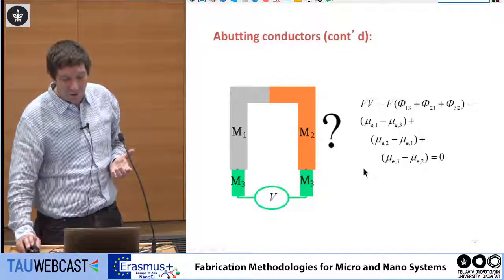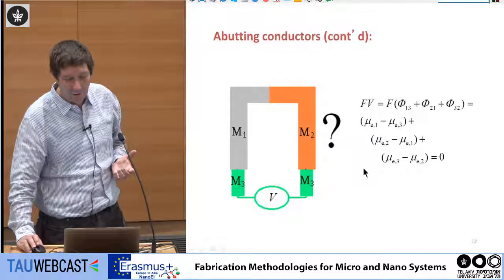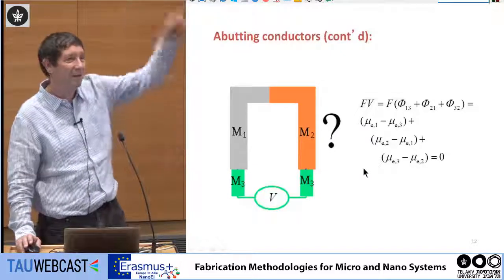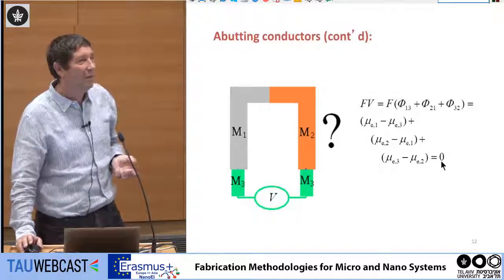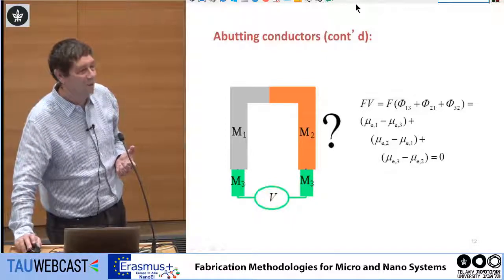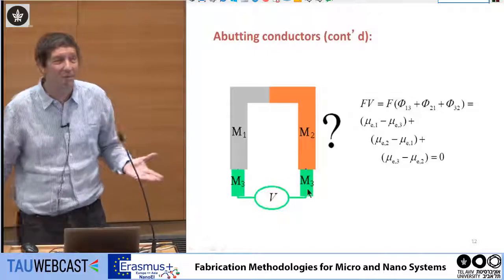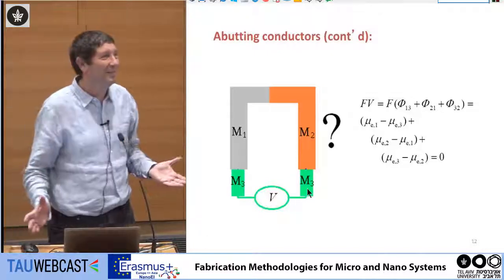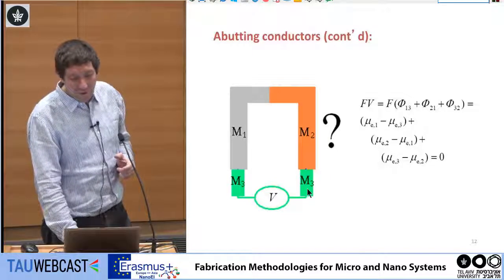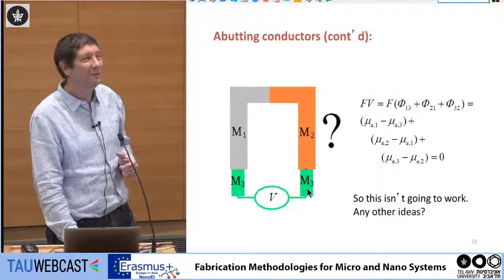The voltage here is the potential difference from here to this, plus from here to this, plus from here to this, and the total will be 0, because we go back in a circle to the first point. Which means I cannot measure the potential between M1 and M2 by just connecting a voltmeter, because I will get 0, because we are in equilibrium. So it's not going to work. Another idea?